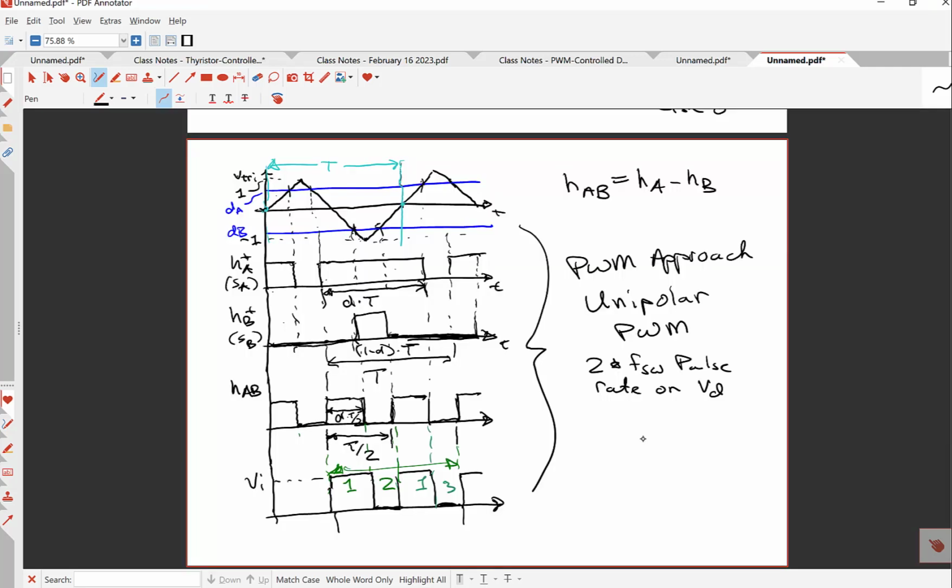And we're only going to switch each device one time per period.